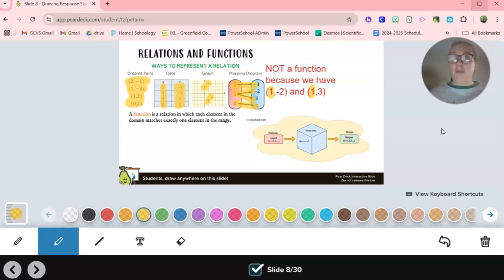So it's not a function. It didn't follow a rule to give us one specific output. Here's another visual. We have an input, we have a function rule, and then our output. And domain is our input, range is our output. So these are just visuals to help our brains understand what's happening here with relations and functions.